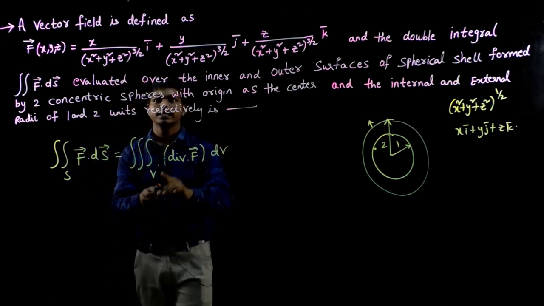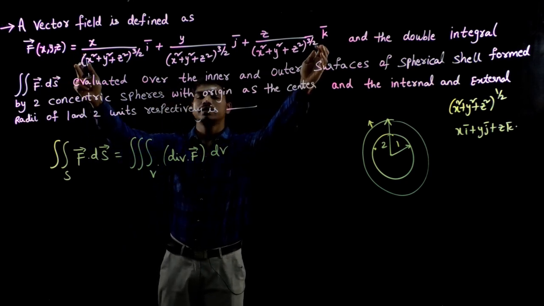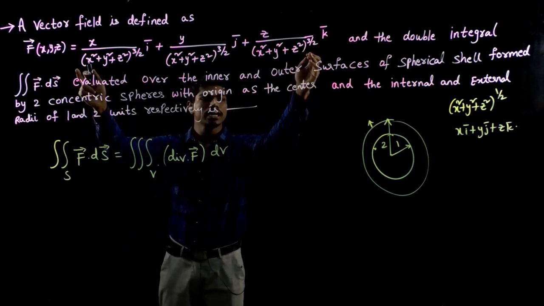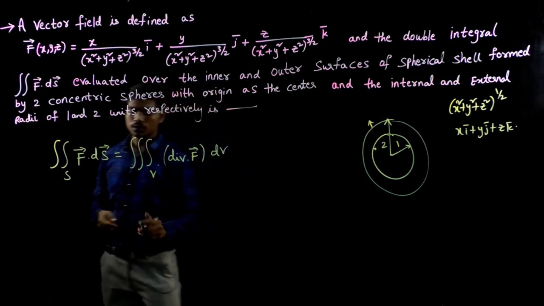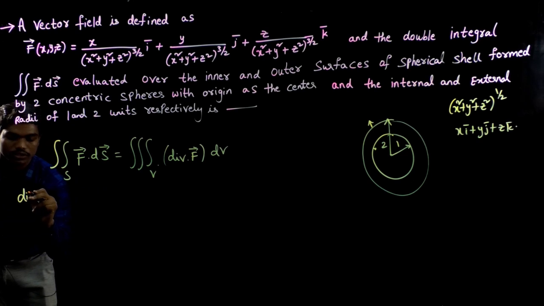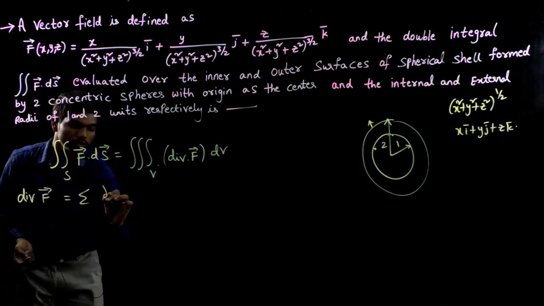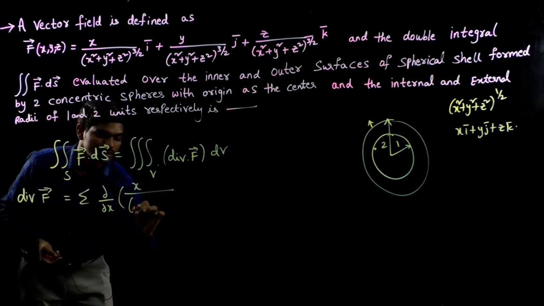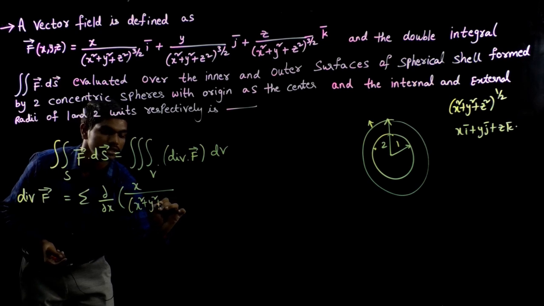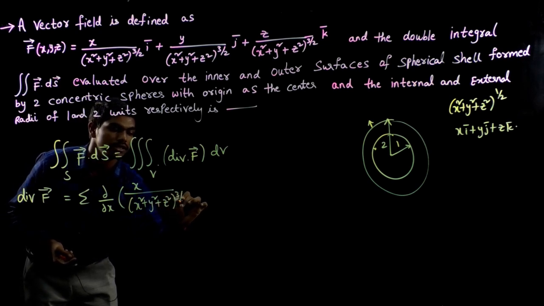So here the main important thing now is to find what is the divergence of this particular vector. If we know this divergence of the vector, then we can substitute here and evaluate this value. So let us find the divergence of f bar. This is nothing but the summation of dou by dou x of x by x square plus y square plus z square whole to the power 3 by 2.